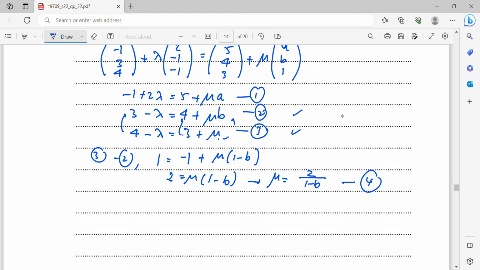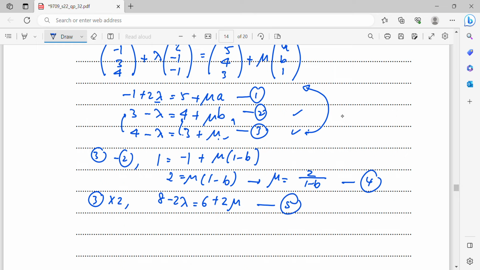So the third equation I multiply by 2. Then I will simplify with the first equation. So the third I times 2 because I want to get 2 lambda. So I will get 8 minus 2 lambda equals to 6 plus 2 mu, because the third equation is multiplied by 2. This is my fifth equation.